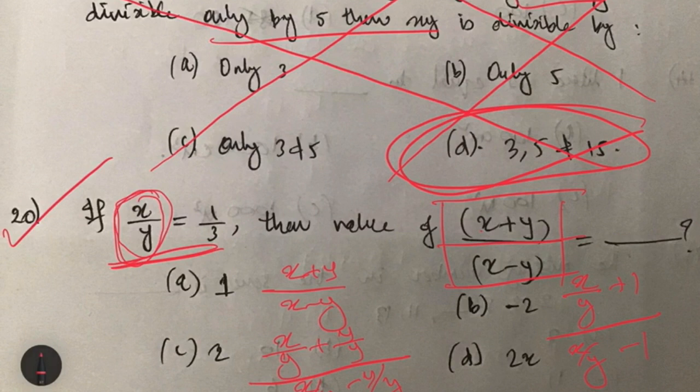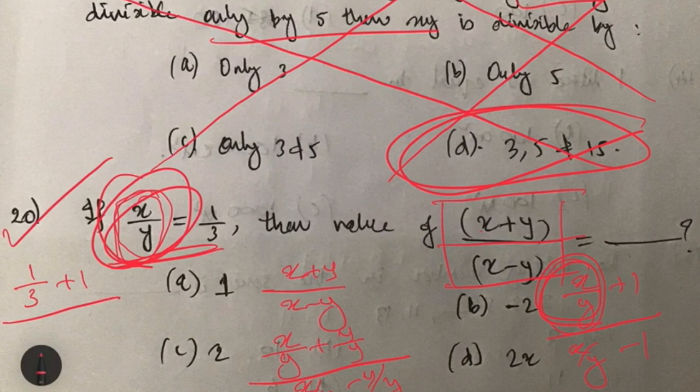We already know the value of x by y is 1 by 3. So substituting it, 1 by 3 plus 1 divided by 1 by 3 minus 1. On solving this, you will get the answer. This is a very simple method of solving.